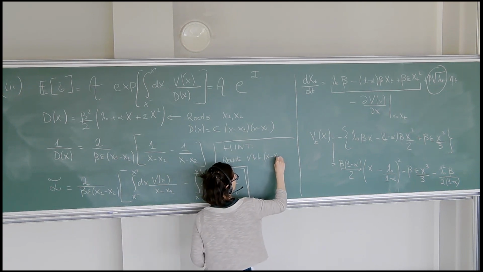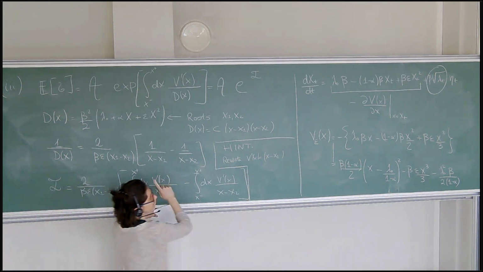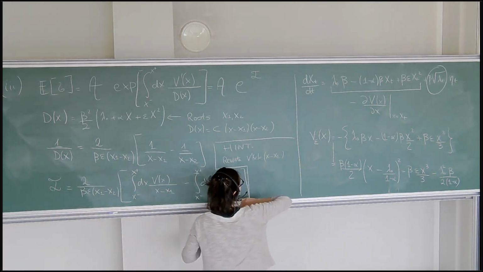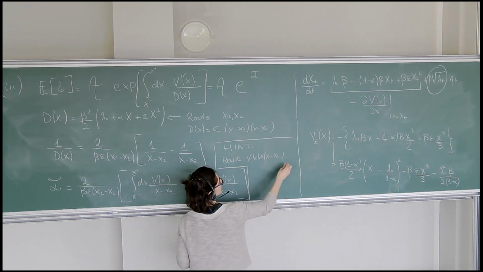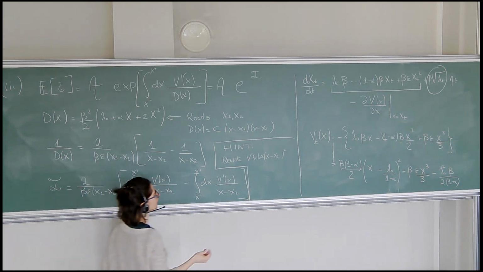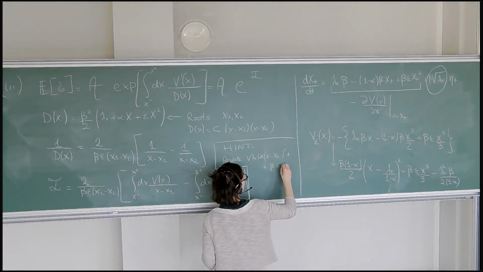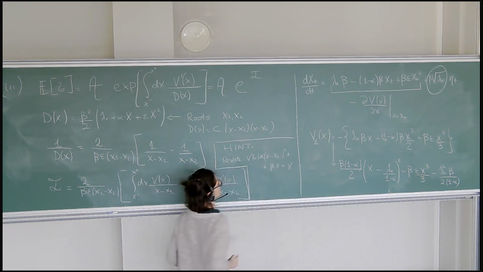Suppose that we want to do this integral. What I have to do is to play a little bit with my v prime of x, and I can rewrite it as a constant times x minus x1 squared plus another constant times x plus another constant.